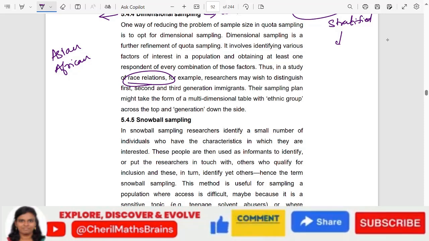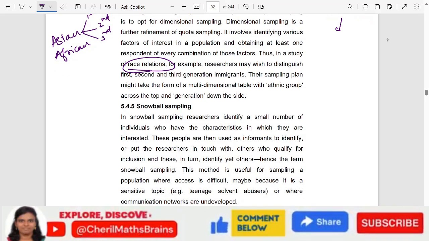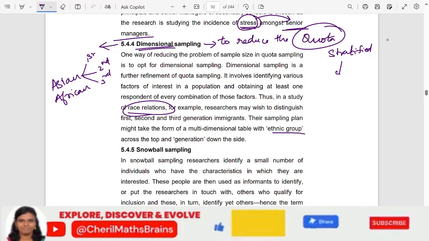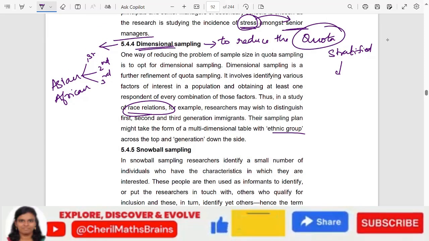What you can do is divide them into first generation immigrants, second generation immigrants, third generation immigrants. If you divide them, you will be able to get another kind of data. With the ethnic group and all these things, it will help you for dimensional sampling. You're going to go in for more dimensions, like the stage sampling we did.